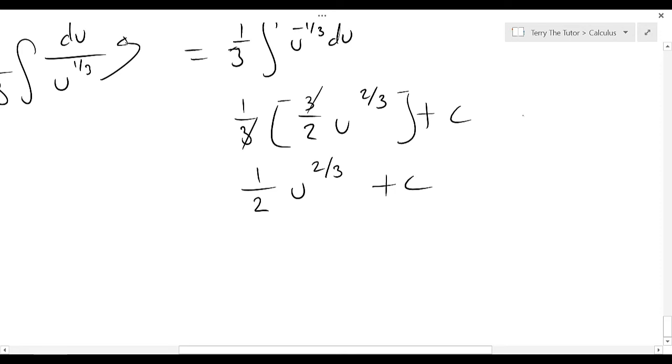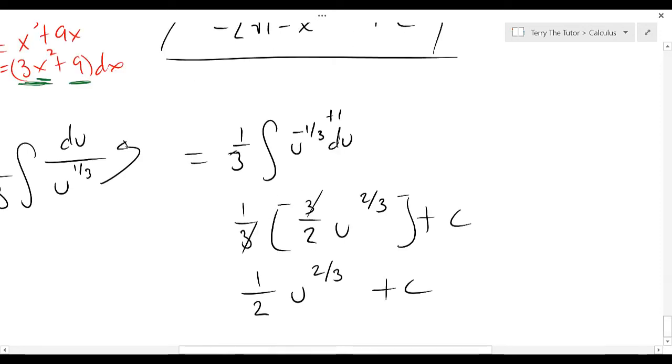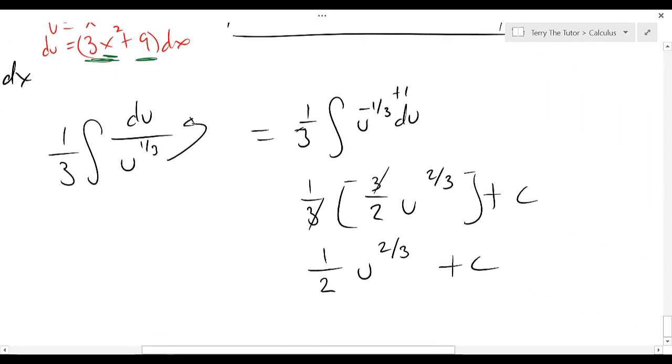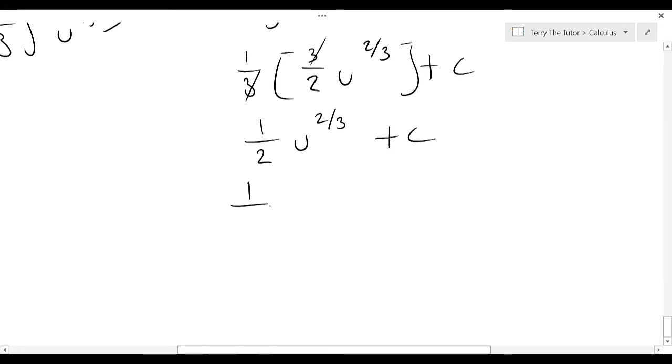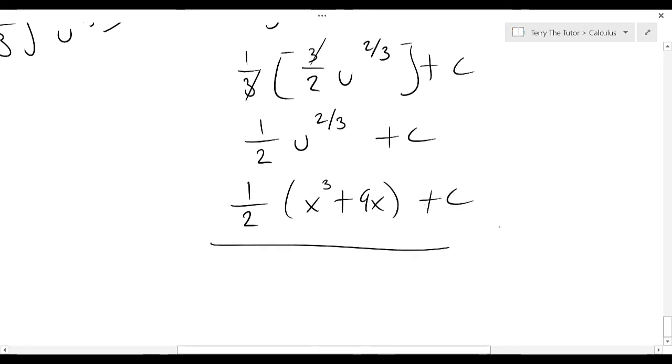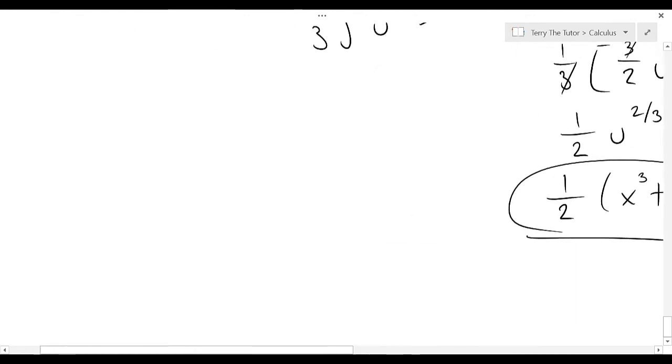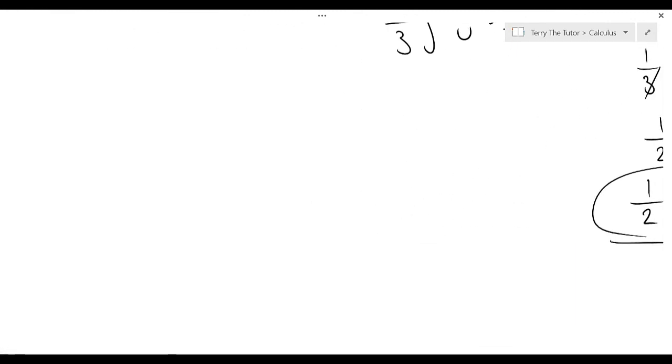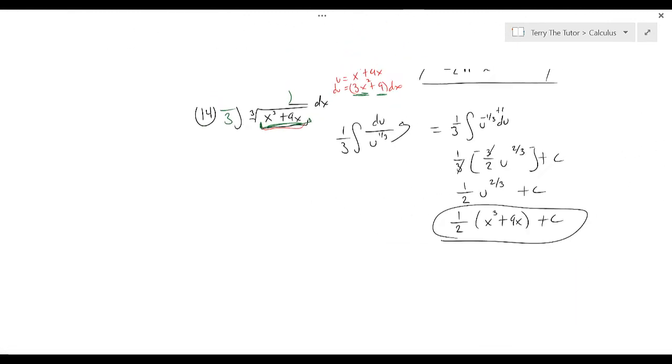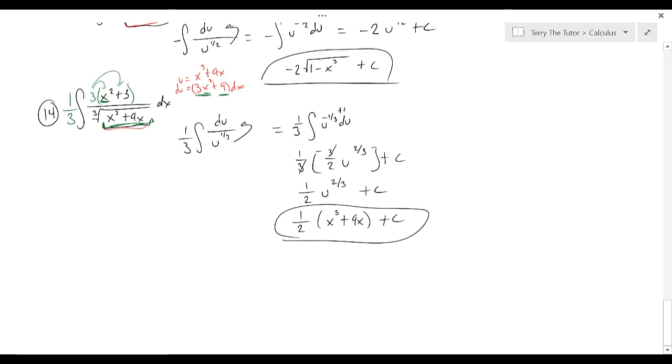All we have to do now is back substitute for u. X to the 3rd plus 9x. So we've got 1/2 x to the 3rd plus 9x plus c. And we're done. Beautiful. What number was that? That was 14. Let's go on to 15.